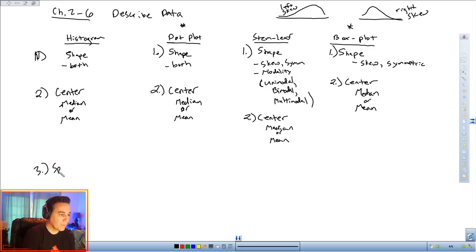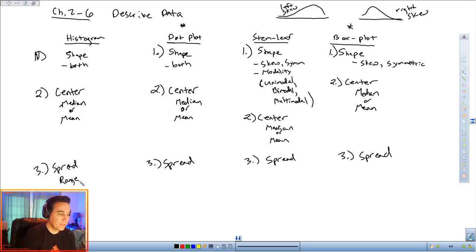Third thing we're going to talk about is spread. I'm taking some advice here from the practice test they've given you, and from what I've seen on it, they are leaning toward you doing range actually, which is the easiest one to do.